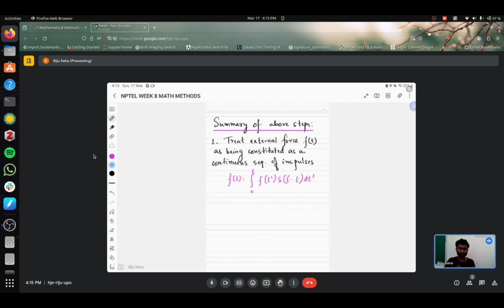The first approach was to treat this external force, or what we always term the function appearing on the right hand side, as the driving force. So we treat it as a driving force, that is our external force f(t). We treat it as being made up of a continuous sequence of impulses.